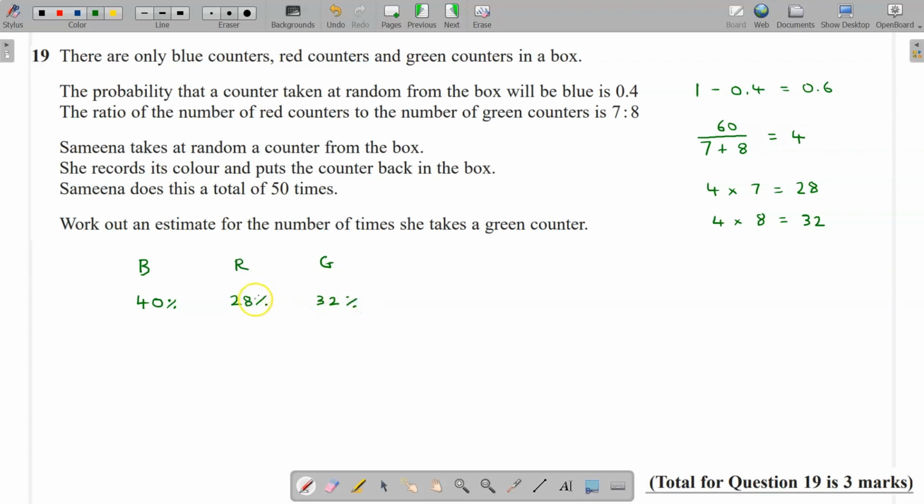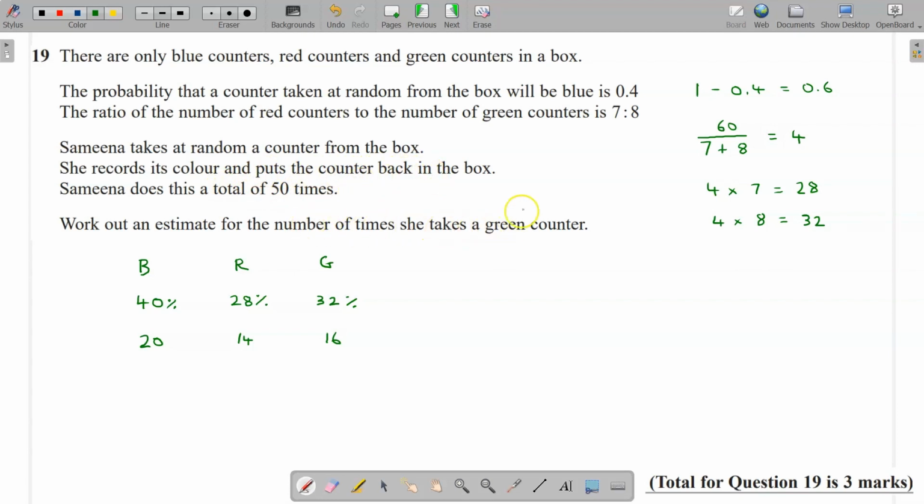Now all I need to do is halve them all and take the percent sign out, I don't really need that. That gives me 20, 14 and 16, which very conveniently add to 50. So Samina does this trial 50 times, where she takes a counter and puts it back.